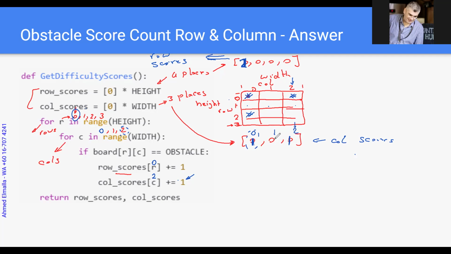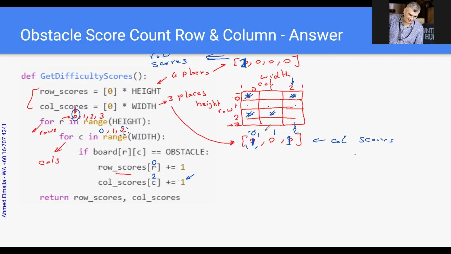And this will represent how many obstacles we have at column 1. And at column 2, this number will represent how many obstacles we find. Okay? And the same goes here. So here is representing the rows, and here is representing the columns.